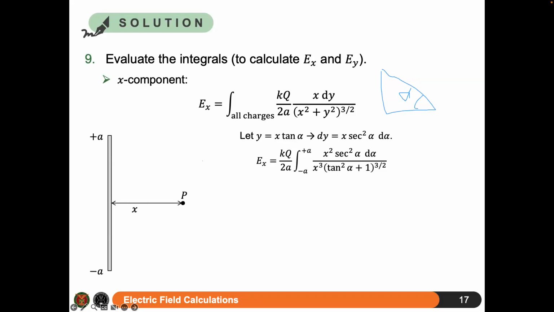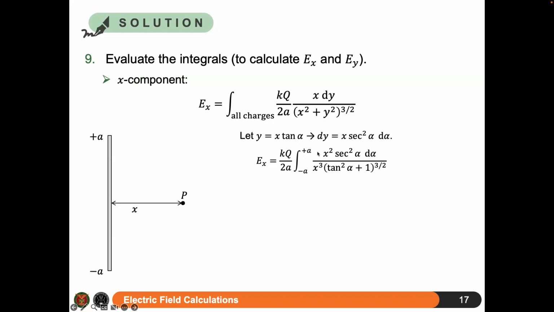So x is x tangent alpha, and dy is x secant squared alpha d alpha. So you have x squared secant squared there.